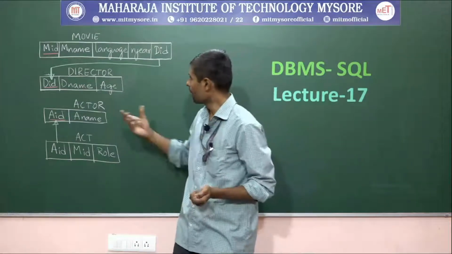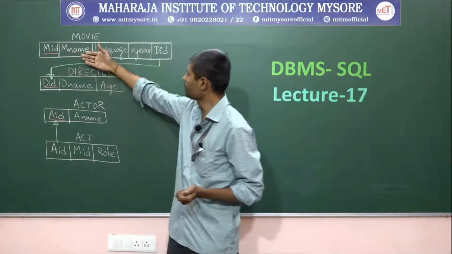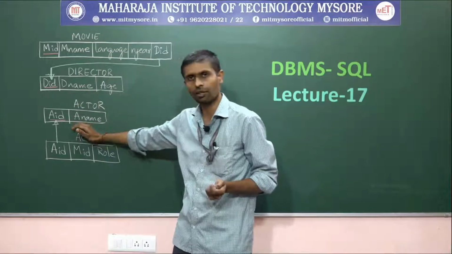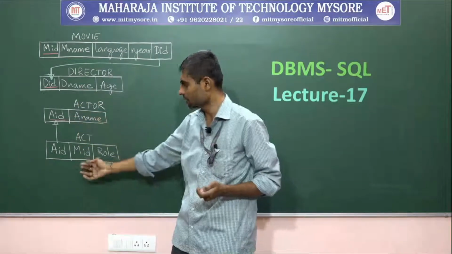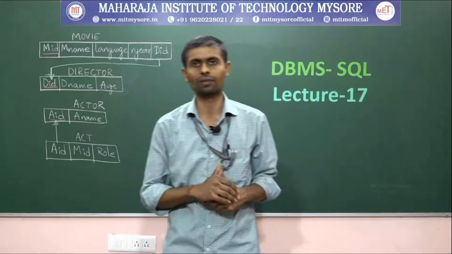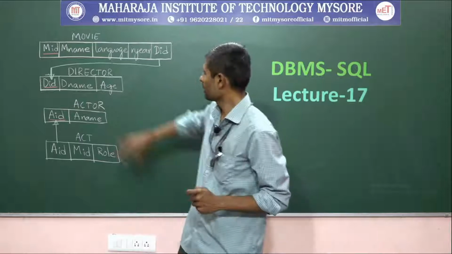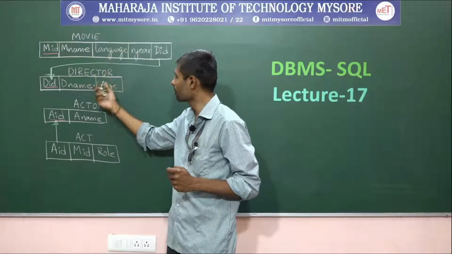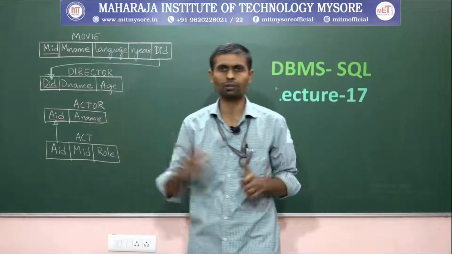Our interest might be 3 attributes from the first table and 1 attribute from a second table and 1 attribute from a third table and 2 attributes from the fourth table and so on, right? Or it could be that I want to retrieve a few things from only 2-3 tables, like that.